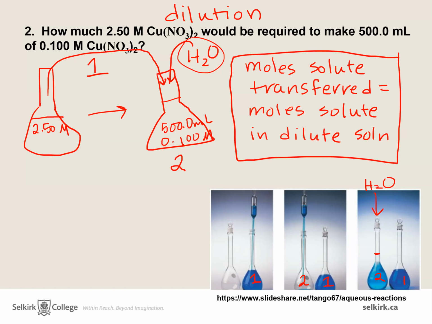Now, which one am I going to start with? Am I going to start with solution number 1, or am I going to start with solution number 2? Well, I know more about solution 2, the dilute solution. So let me first calculate how many moles of solute are in the dilute solution. I don't want to get confused. I just want a few words here and there to guide me.